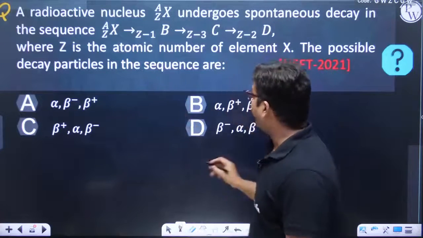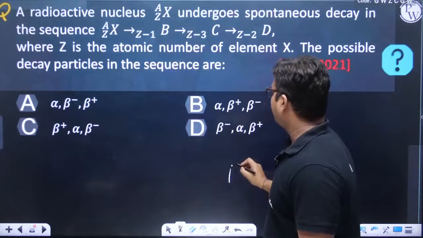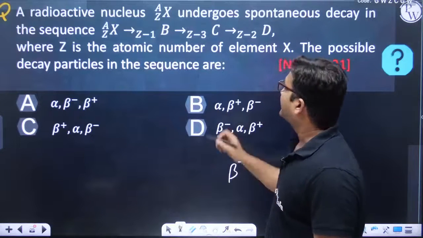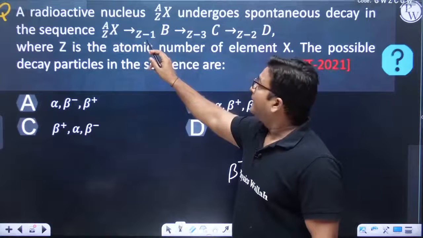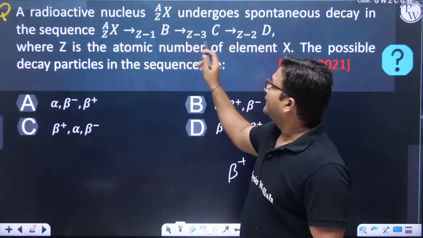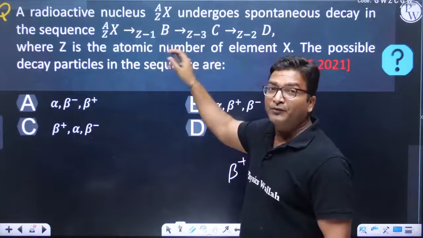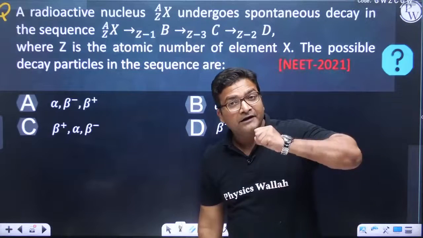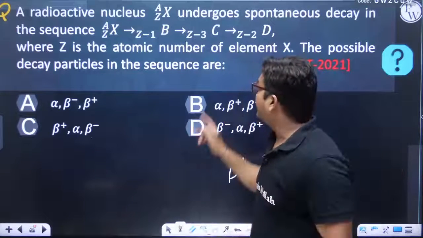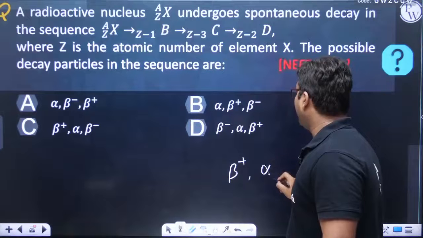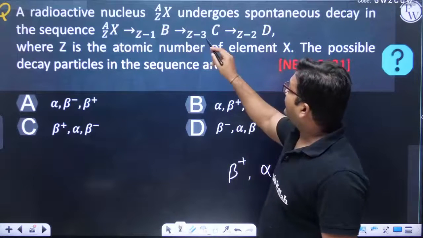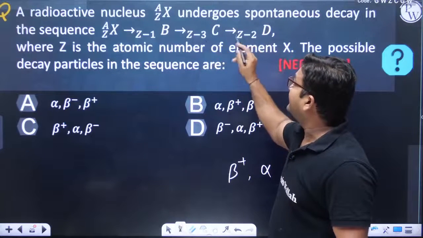So first particle that is emitted is beta positive. Then you see in second decay, 2 protons are missing. If 2 protons are missing, alpha particle takes 2 protons away. So the second particle emitted is an alpha particle. And after that, you can see 1 proton is increasing.